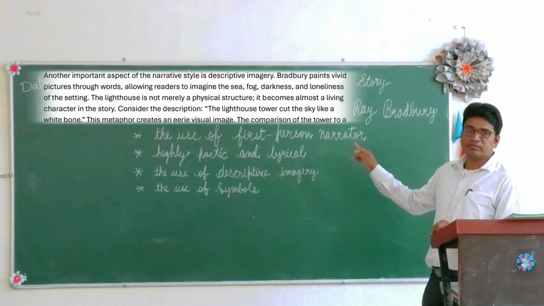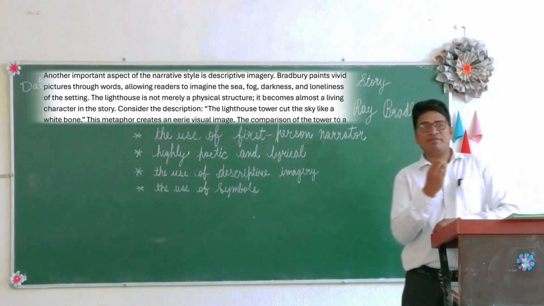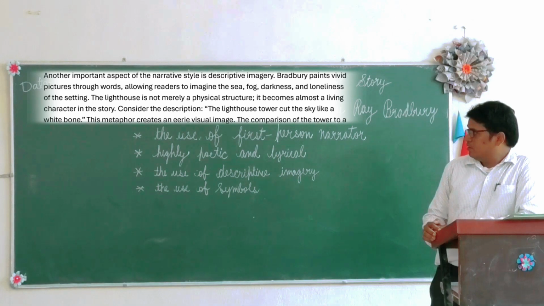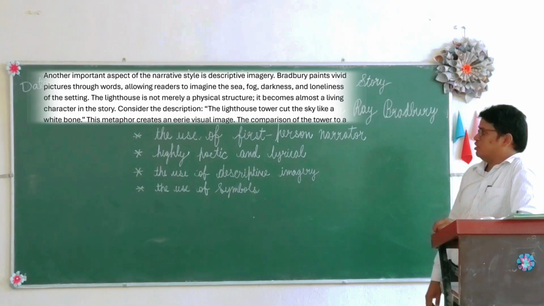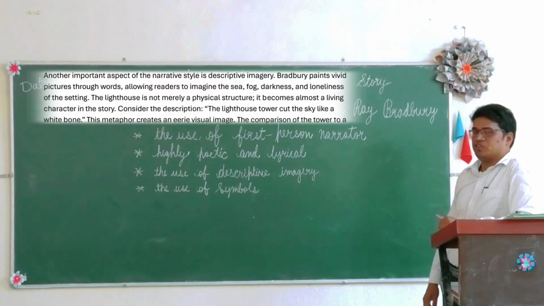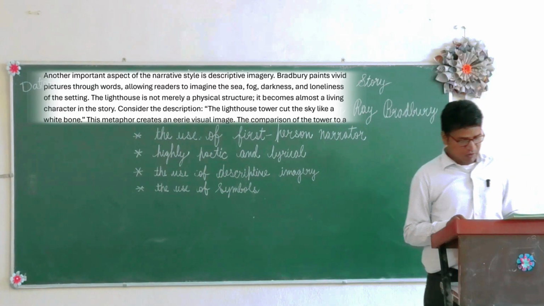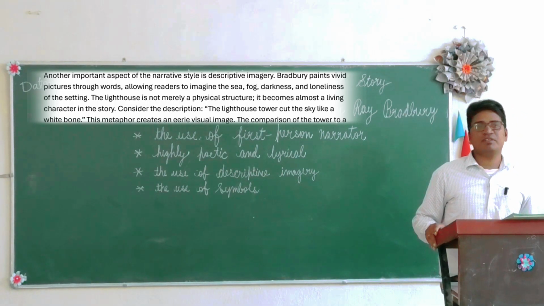Is it clear? Because when you read the story, you may feel as if you are reading a poetry. Now let us move to the third point, that is use of descriptive imagery. Clear? So another important aspect of narrative style is descriptive imagery.